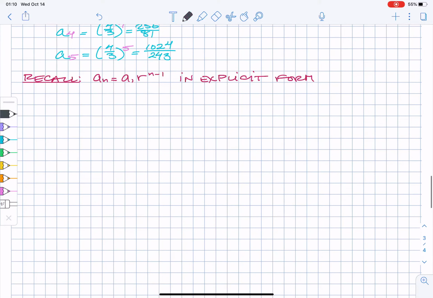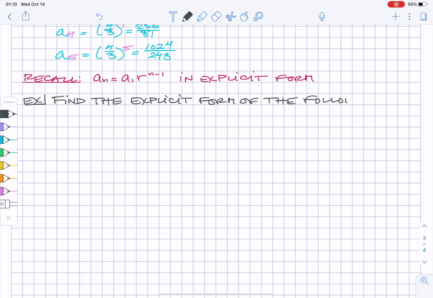So for example, let's find the explicit form of the following geometric sequences.